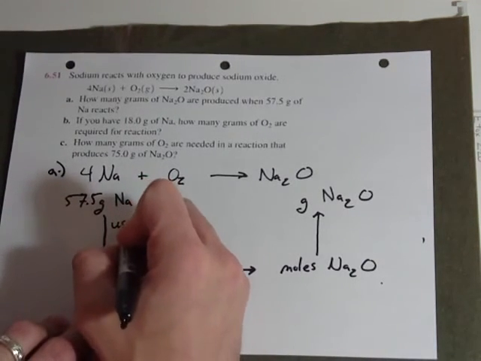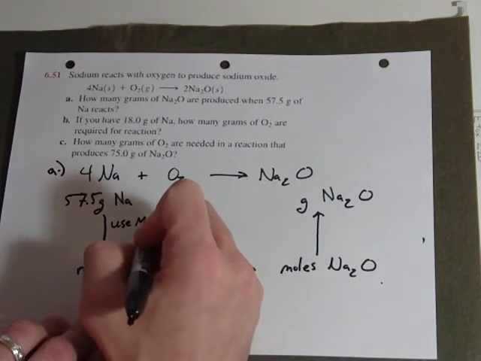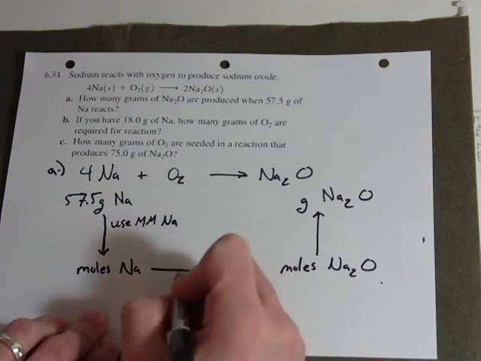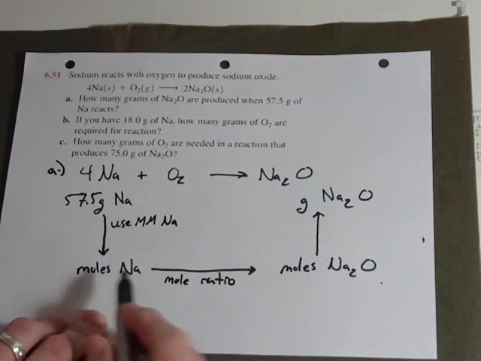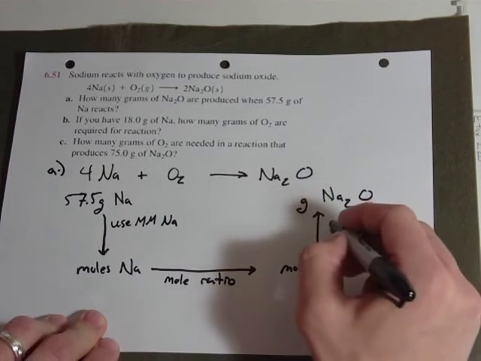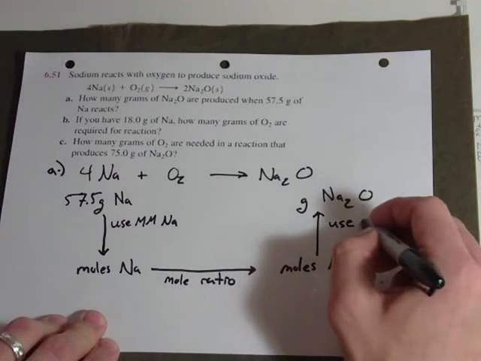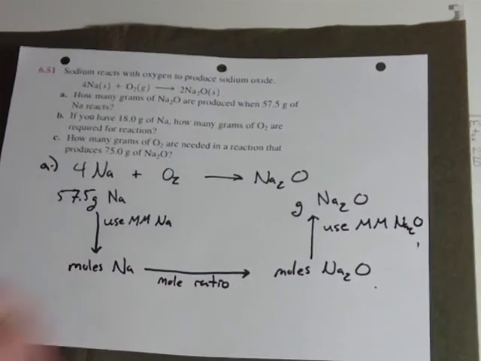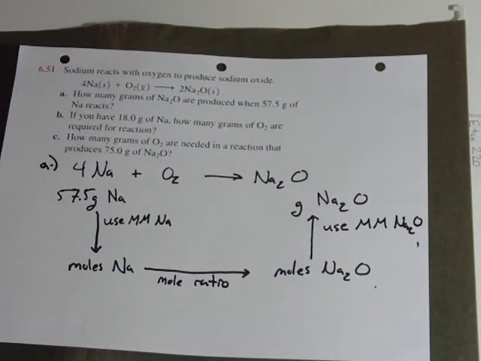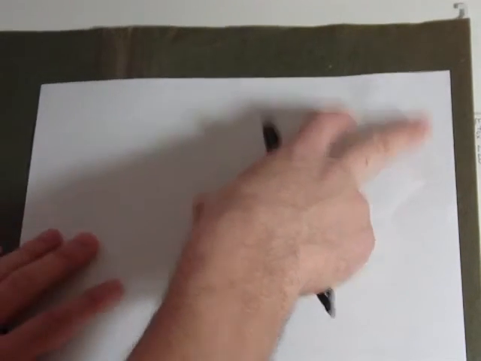So here we need to use the molar mass of sodium. Here we need to use the mole ratio to go from one mole to another mole. And then here we're going to use the molar mass of sodium oxide. Keeping that in our mind, we'll do out the work here.